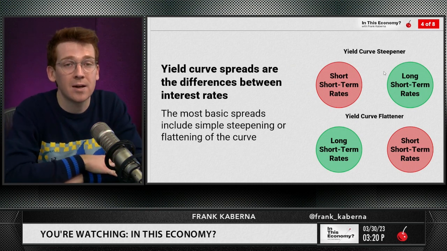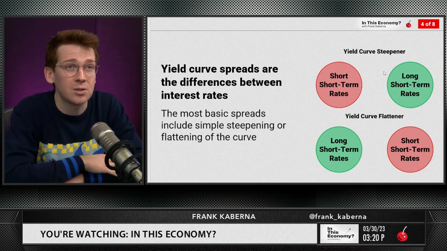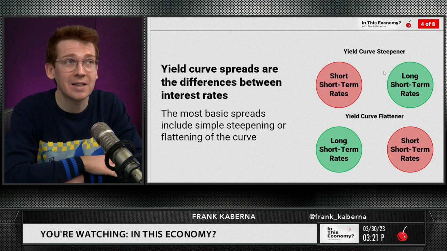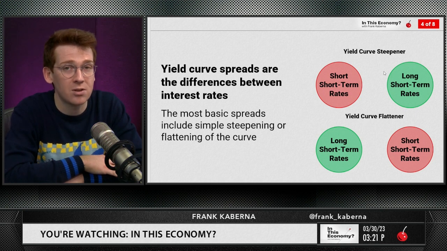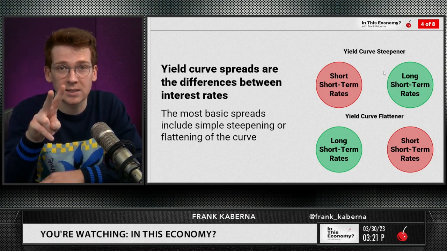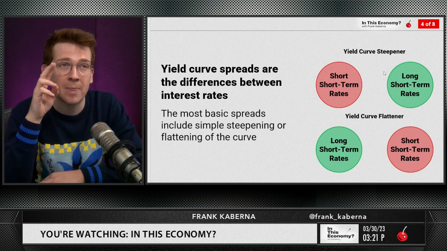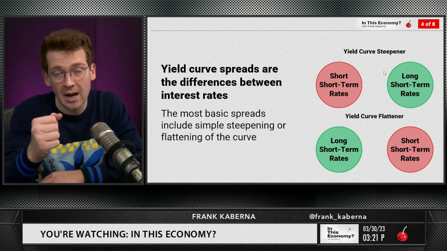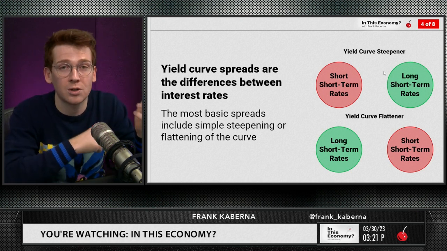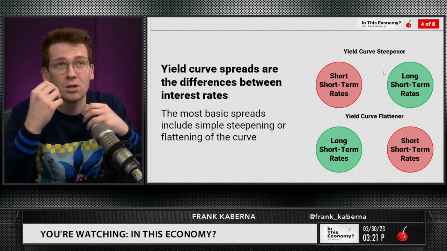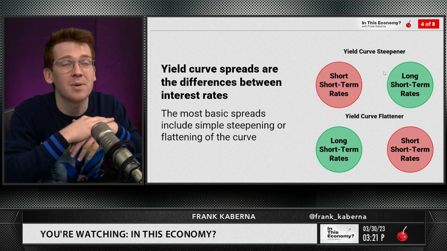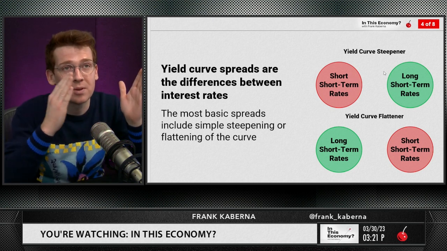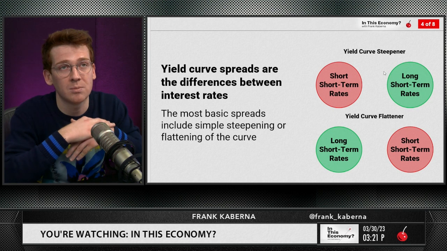I'm buying one thing, selling another with an intended outcome. Well, these have cool names, these two intended outcomes, which is steepening and flattening. Yield curve spreads are the differences between interest rates, and there are two spreads, and that is the steepener and the flattener. In the steepener, I am going to be short-term interest rates and long-term interest rates. Of course, this is going to be difficult if I don't have the right verbiage out there, but the furthest right column is meant to be long-term rates there.